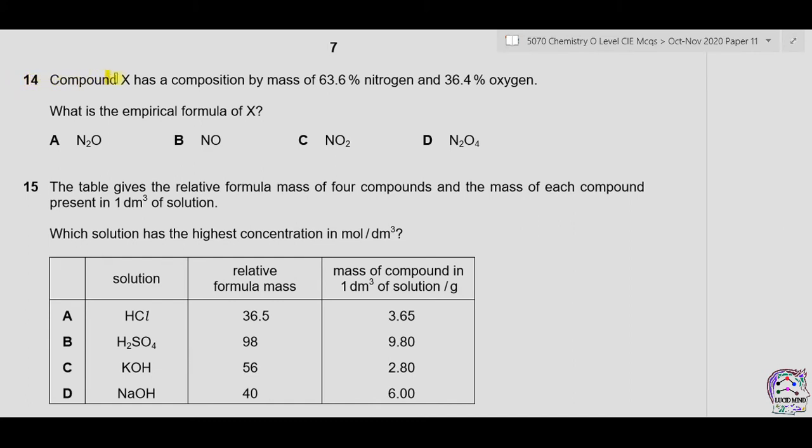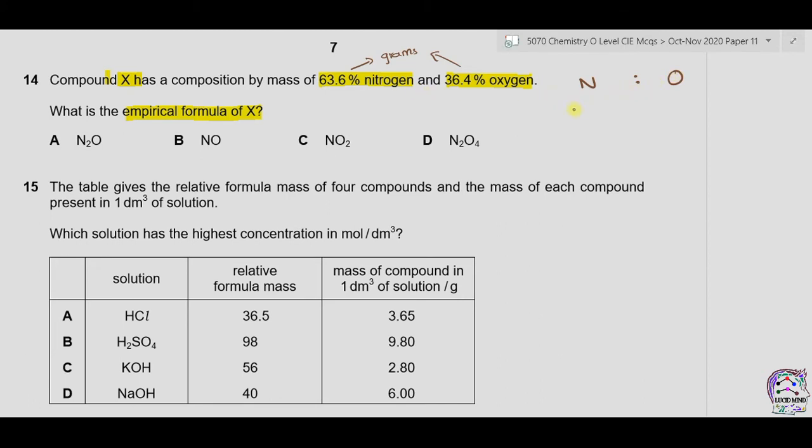Question 14. Compound X has composition by mass of 63.6% nitrogen and 36.4% oxygen. What is the empirical formula of X? For finding the empirical formula, we can write the percentages as mass in grams. We have nitrogen and oxygen.